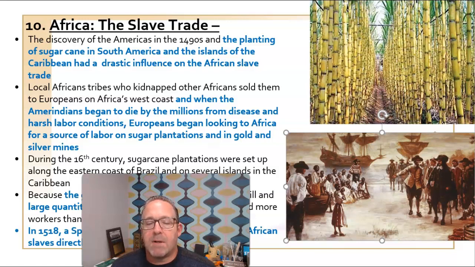Prior to the arrival of the Spanish in the New World, the speculation is there were about 60 million Amerindians in what is today Latin America. About 75% of them died due to diseases like smallpox, measles, and influenza.